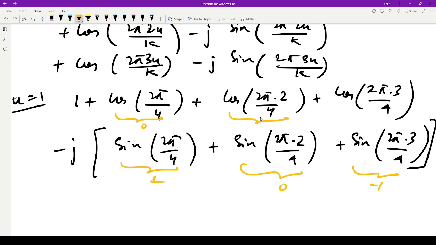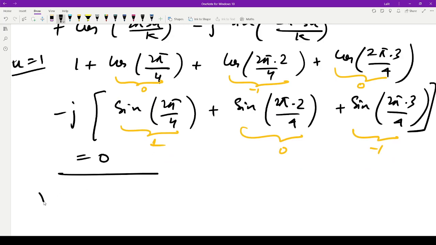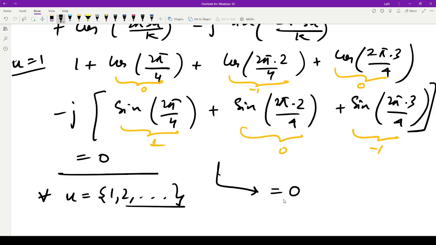Cos pi, which is minus 1. This is cos 3 pi by 2, which is again 0. So given this, what we get? This turns out to be 0. So actually, for all values of u from 1 to any other value, this specific value will be 0.